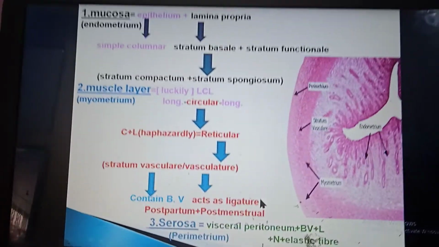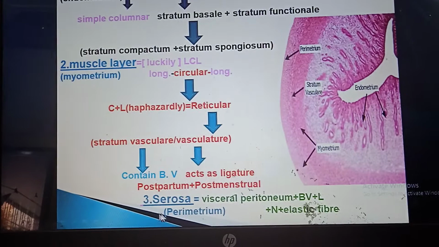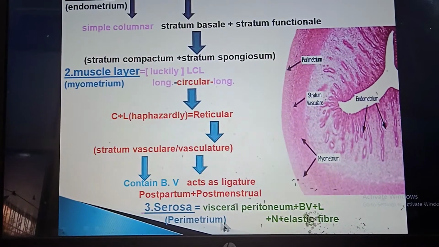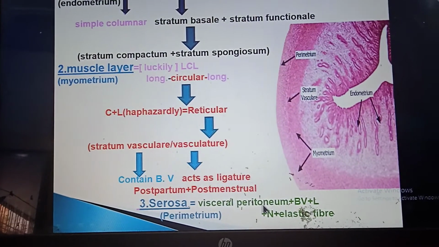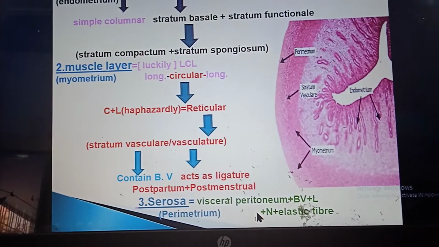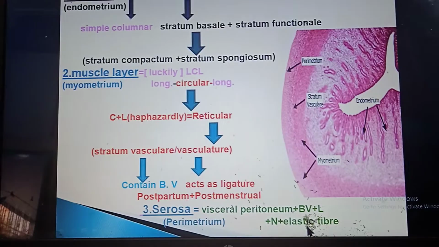And as we all know, MMS: mucosa, muscle layer, and then comes serosa, which in case of uterus is perimetrium, which is nothing but the visceral peritoneum with adjacent connective tissue having small blood vessels, lymphatics, nerve, and elastic fiber.